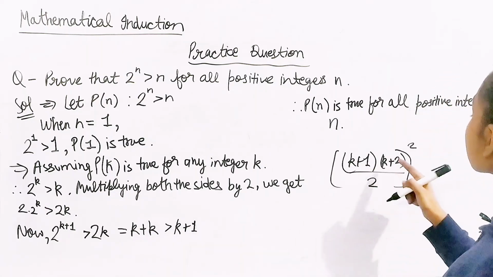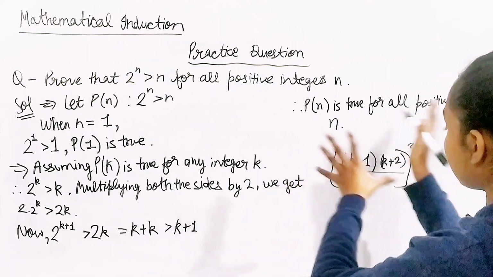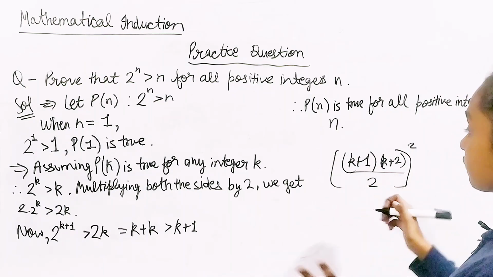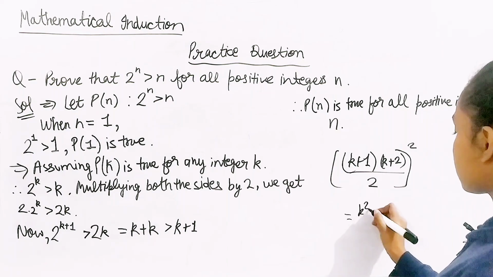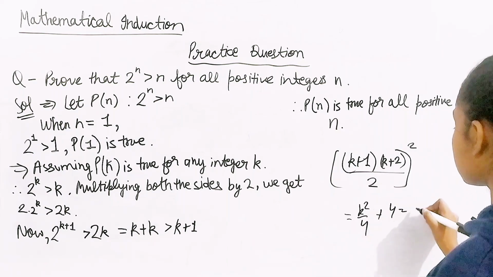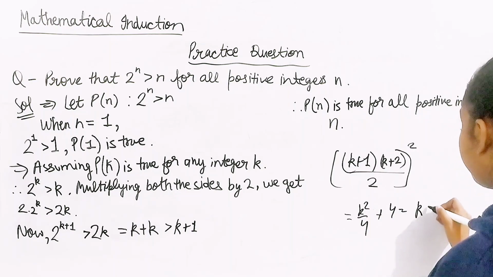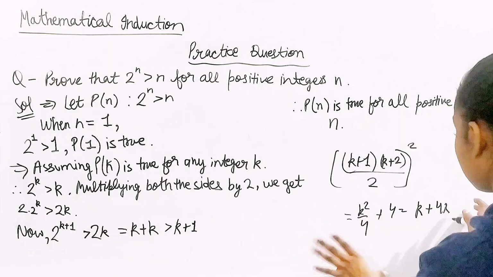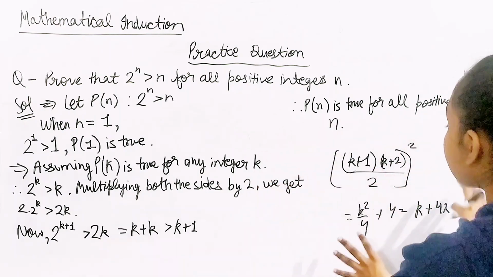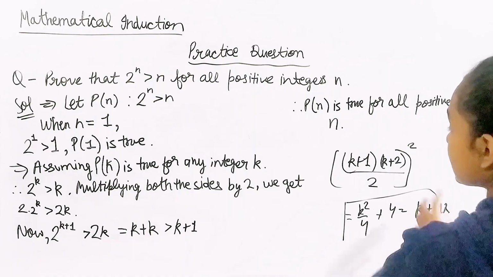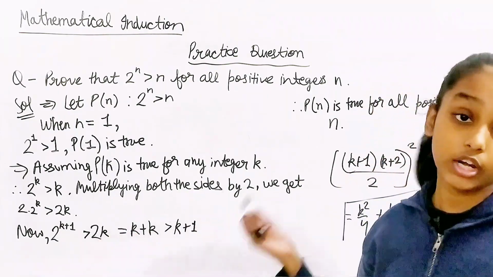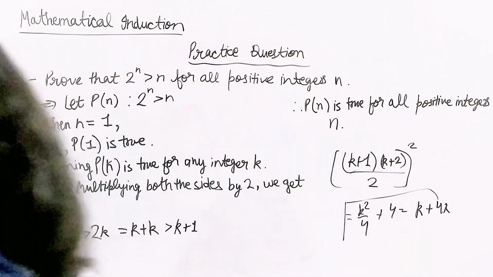I solved it a different way, through k squared upon 4 plus 4, and then we got k plus 4k, something like this. I don't exactly remember it. Just like the way you solved all these things one by one, I did the same thing right here. So there's no problem in it.